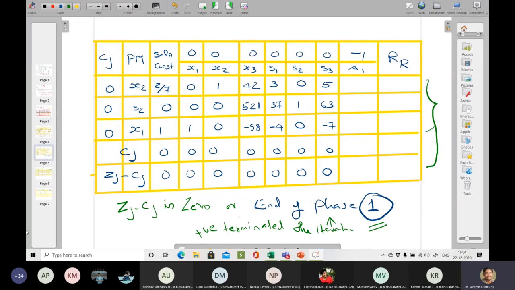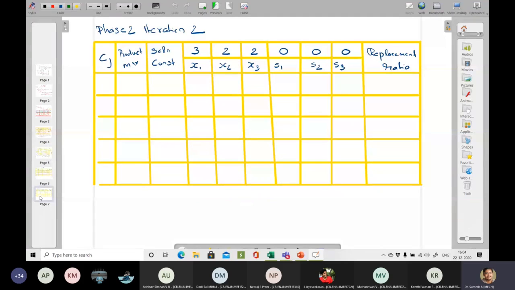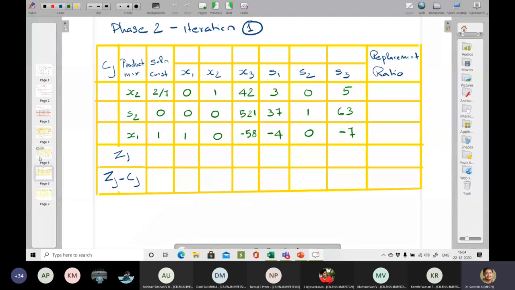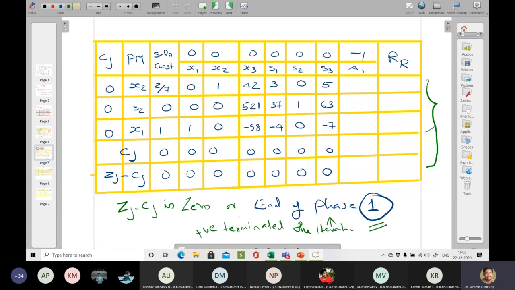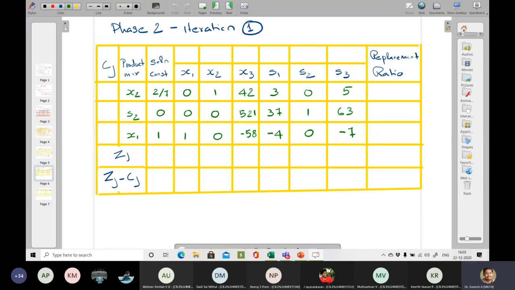In phase 2, first iteration, we have to consider the same variables, x2, s2, x1. That is what we have entered: x2, s2, x1, with values 2 by 7, 0 and 1. All the same columns, the same reduced equations I have taken.